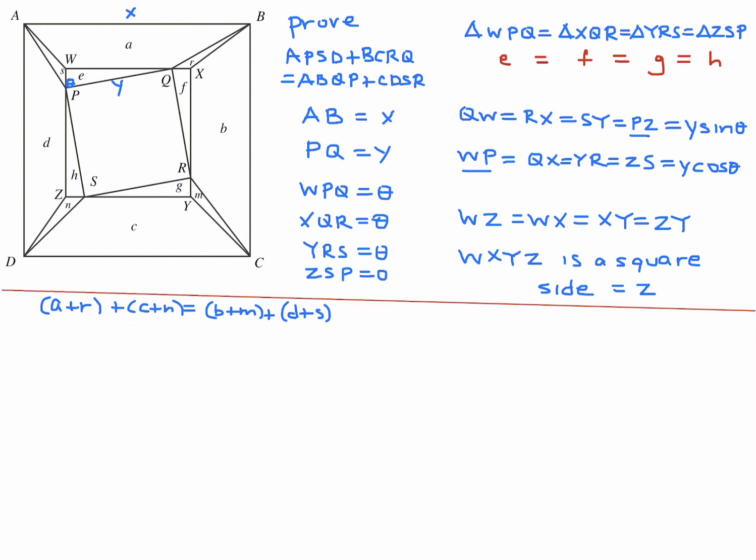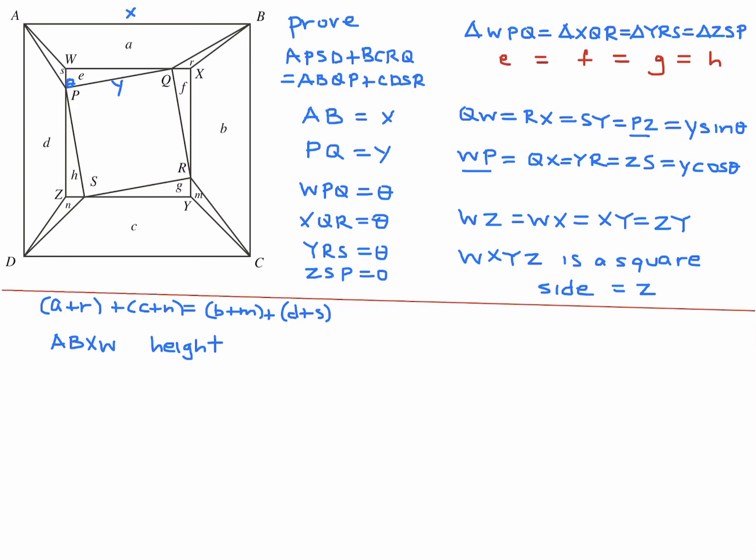Now we have to show that is equal to b plus m, which is this plus this, which would be that shape, and d plus s, which is this shape right here, this trapezoid. And when you do that, it will help us. So how are we going to do that? Well, the first thing we need to do is in ABXW, we need to have a height.